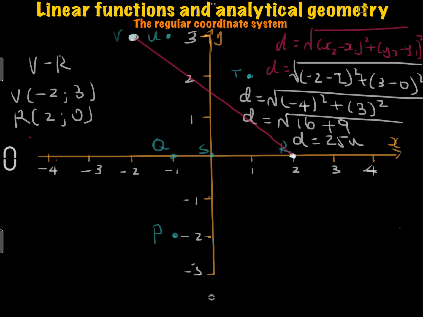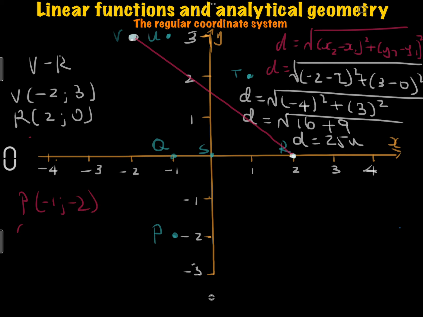Let's find, for instance, the distance from P to Q. P's coordinates are: X is -1, and Y in this case is -2.